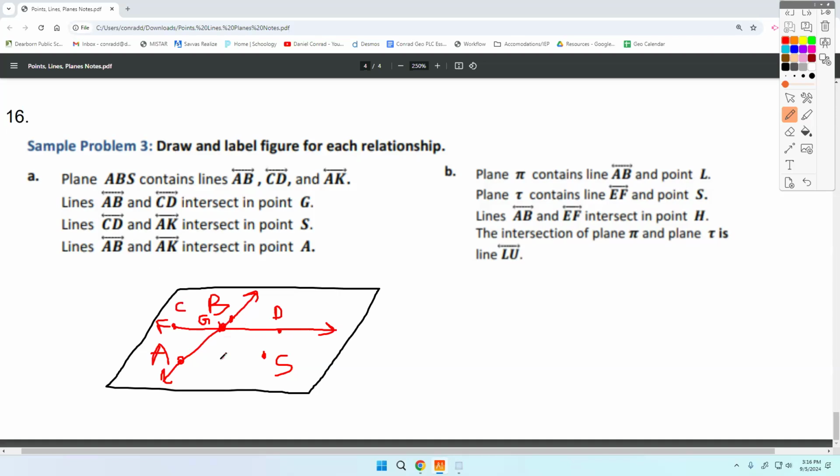CD and AK intersect. Okay, so I'm going to have to move point S right here. So I have AK. So I need a point K. I'm going to do a point K over here maybe. Okay, so line AK intersects CD at point S. So I have to move point S over here.